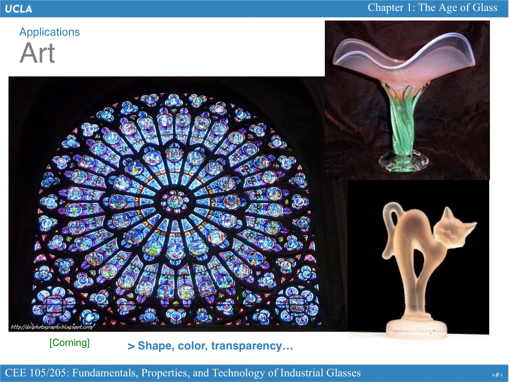For all of those features, glass has been used extensively for artistic applications, in churches or to make objects or statues. This ability to be transparent and to have the shape that you want makes it an interesting material for artistic applications.